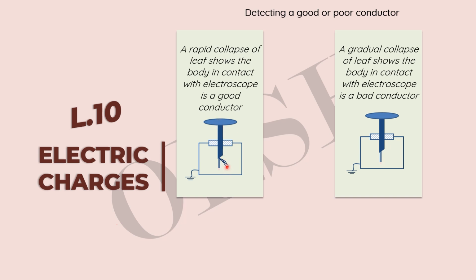Now if we have a gradual and slow collapse, it means that body in contact is a bad conductor. So the rate of collapse will make us understand how good a conductor we brought in contact with the brass disc. That's how we detect a good or poor conductor.